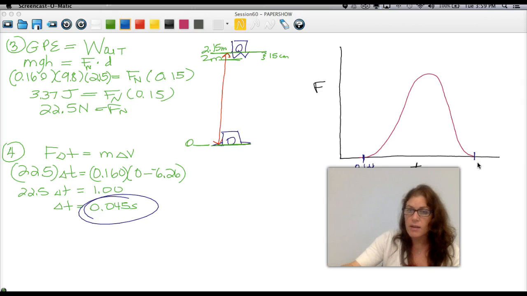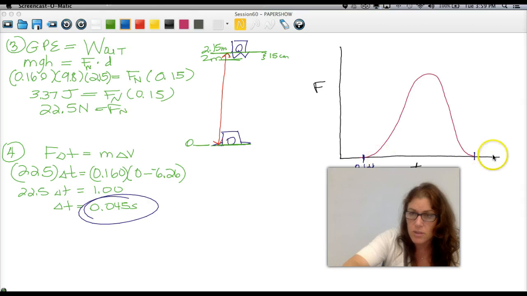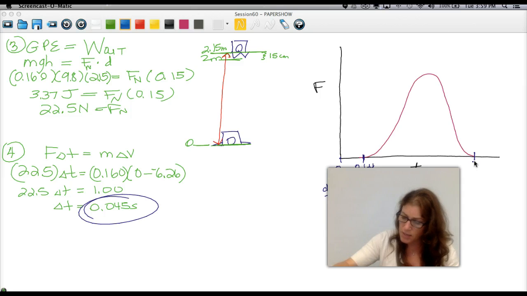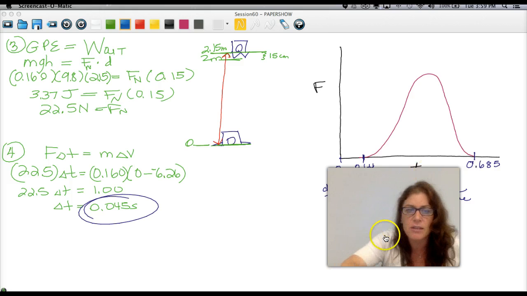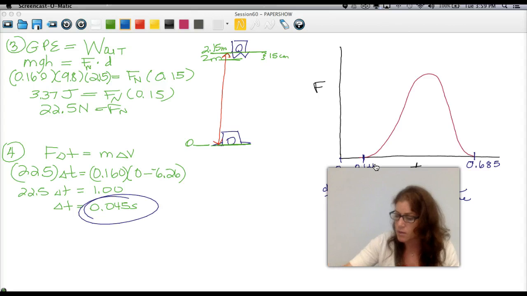right? And now we know from here to here, if we make 0 time when you drop it, this is where it hits the floor. Then this should be the contact time, right? This position is the contact time. So this time here is 0.685. We just added on 0.045 seconds to this hitting the floor time.